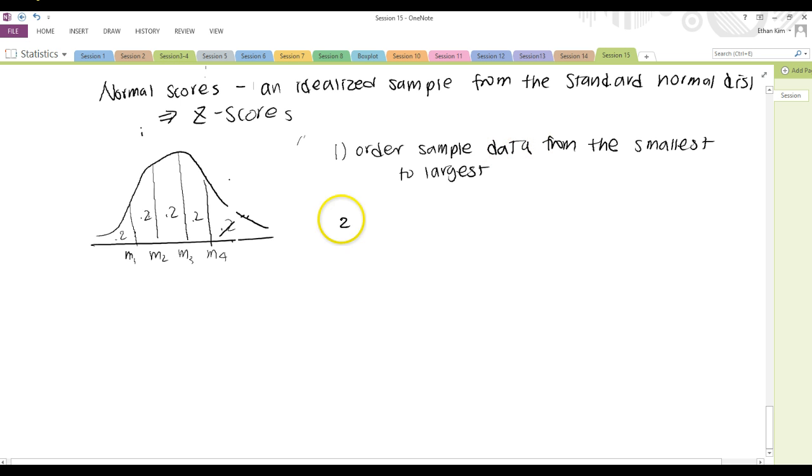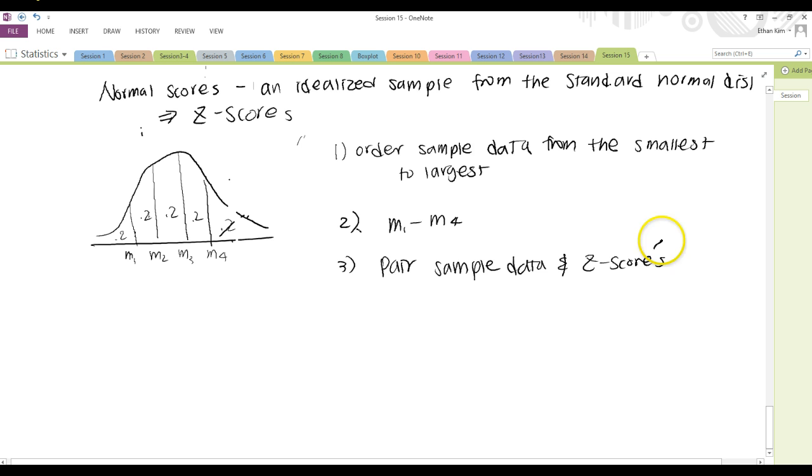And second, we're going to get the z-scores, the M1 through M4, and we're going to pair the sample data and the z-scores. Okay, so let's just take an example.